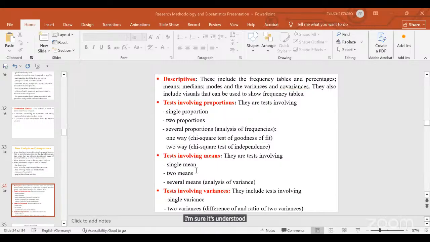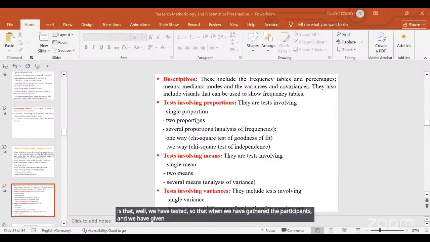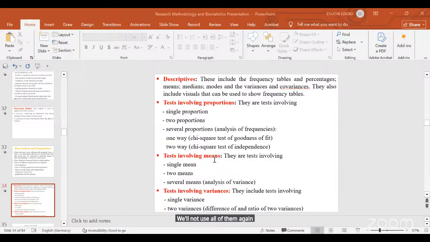And how this is normally done for it to be a complete and comprehensive research is that when we have gathered the participants and we have given them the pre-test, we will not use all of them again. We will divide the participants into two to have a control group and what? The test group.